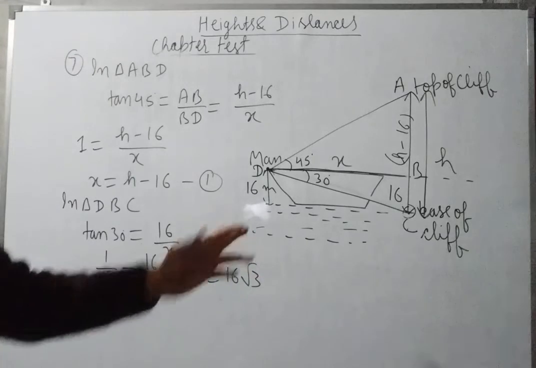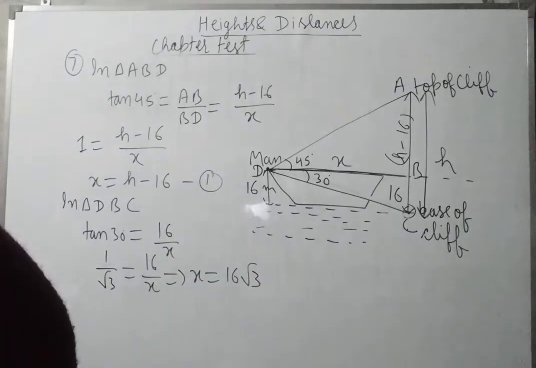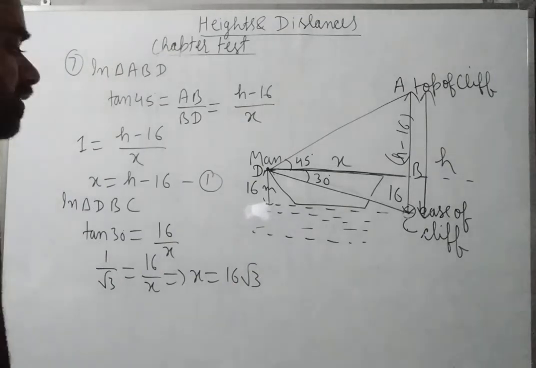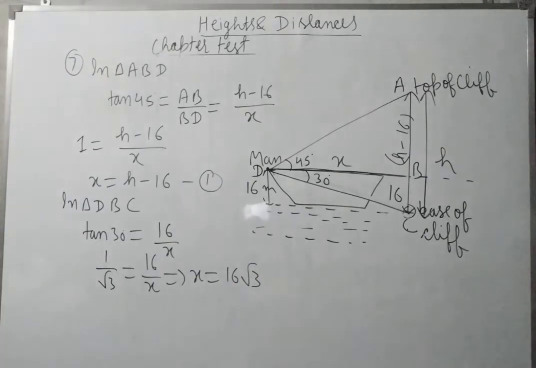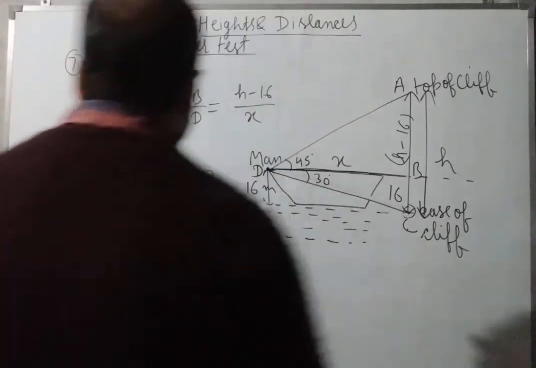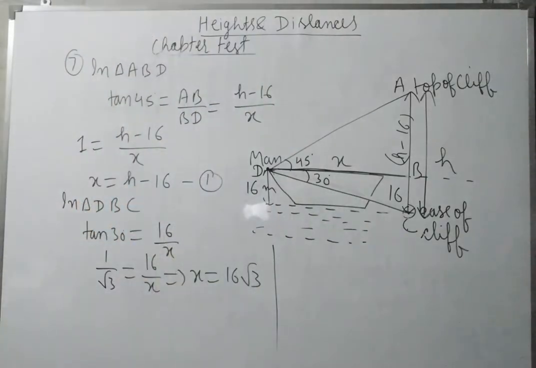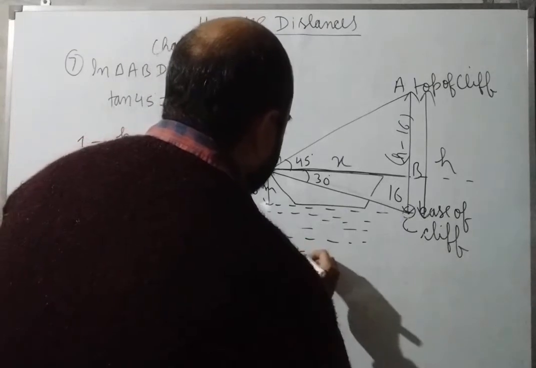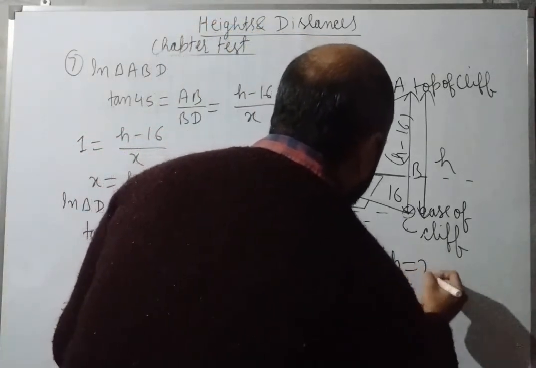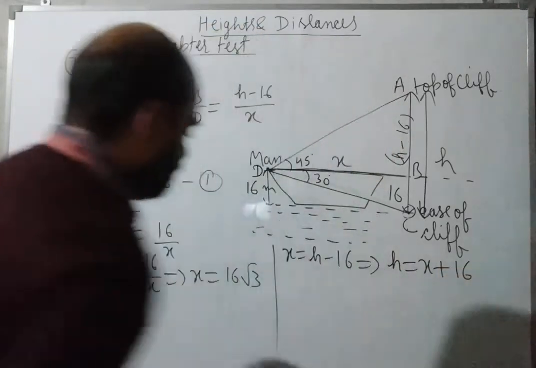Now you can substitute the value of root 3. Nothing is given, so we can take 1.732 or 1.73. Generally 1.732. Next, we can substitute x in the first equation. The first equation: x is equal to h minus 16. So we can find h as x plus 16.